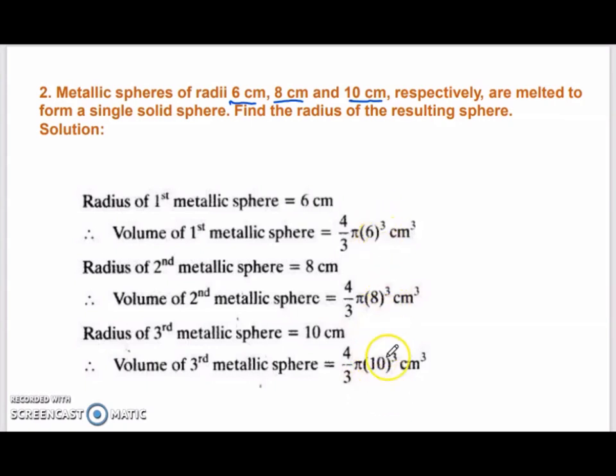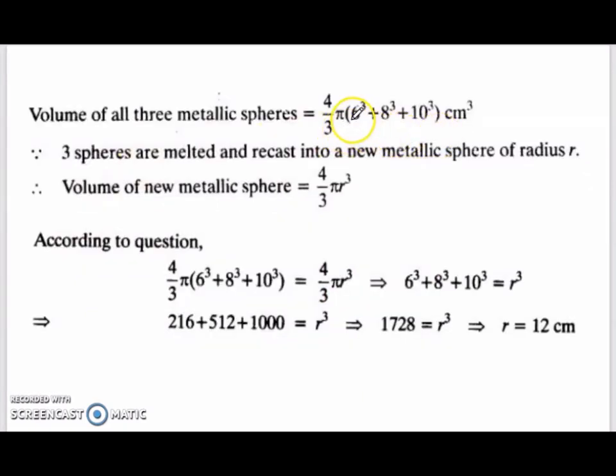Now you will add all these three volumes: volume of first plus volume of second plus volume of third. Now 4 by 3 pi is common for all the three volumes. So 4 by 3 pi you can take outside the bracket, and inside you will have 6 cube plus 8 cube plus 10 cube.